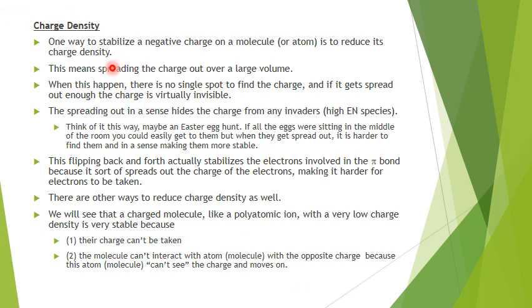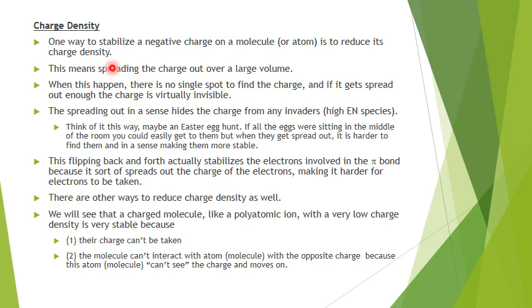All right. So what I want to do is give you a pretty important concept in all of this. And it relates to something called charge density. So one of the things about pi bonds is that, like I said, those electrons in a pi bond are very unstable.